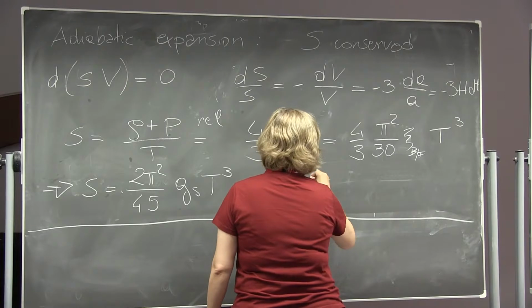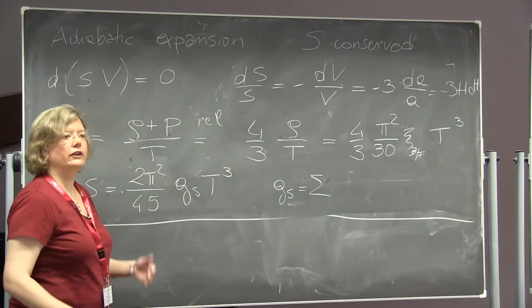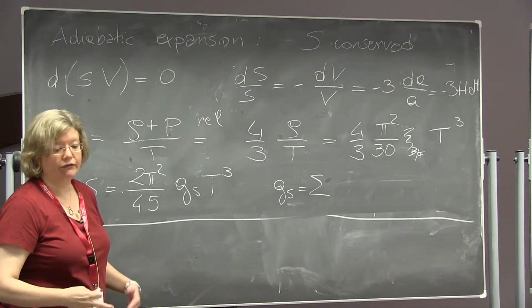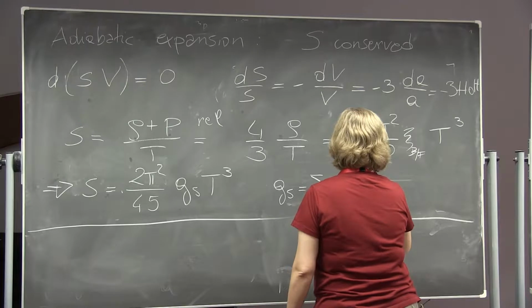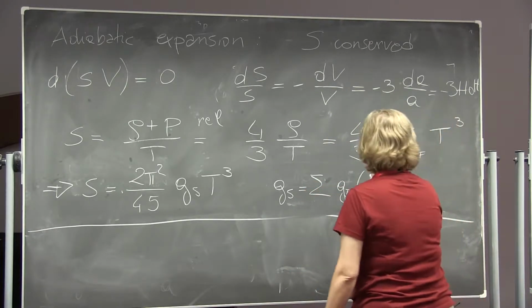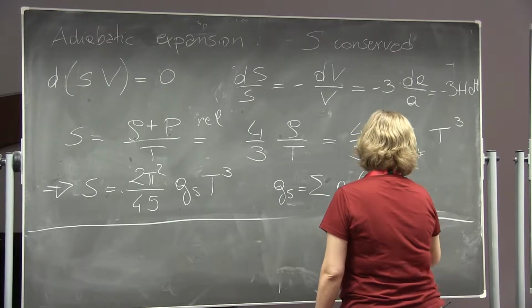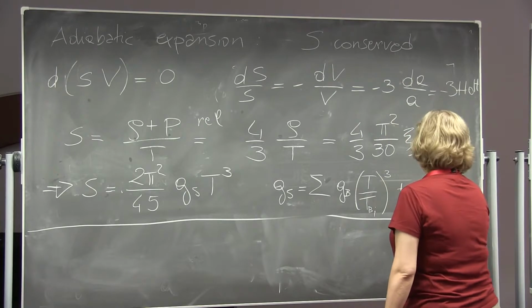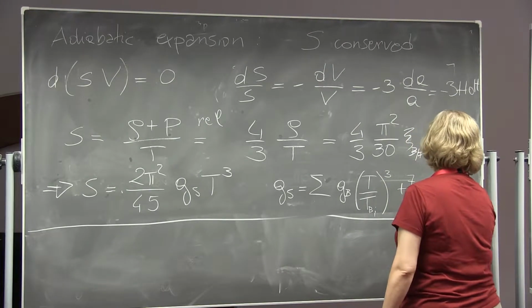In principle, you can also take into account different fluids or particles with different temperatures. So the usual definition is that you add the usual g_B, the internal degrees of freedom, times T over the temperature of the species to the cube, plus the same thing for the fermions with the 7/8.